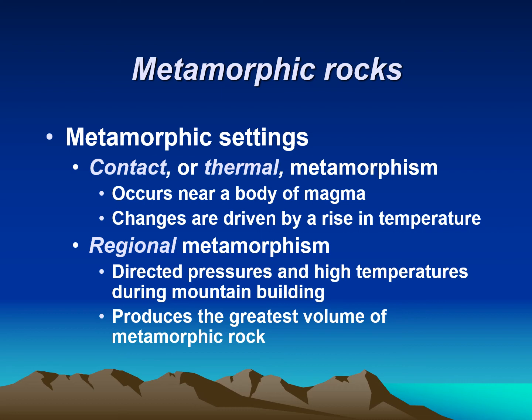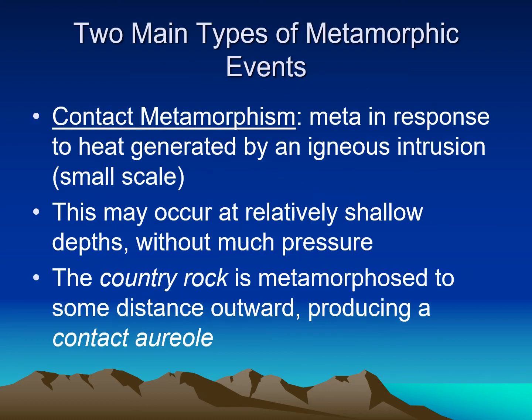Regional metamorphism produces the greatest volume of metamorphic rock on the planet. Every mountain range on planet Earth is going to have metamorphic rocks in it. At depth, of course, but sometimes, if you're lucky, due to tectonic processes and weathering, you might have that old metamorphic rock actually exposed at the surface on the side of the road.